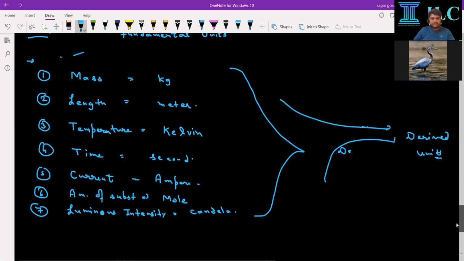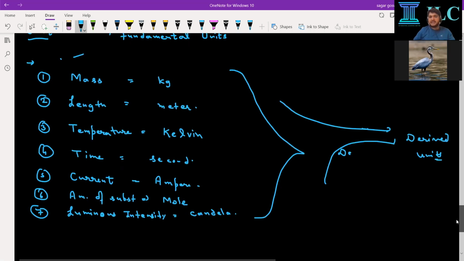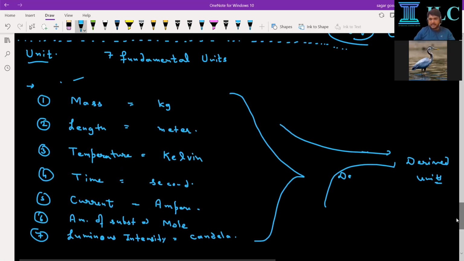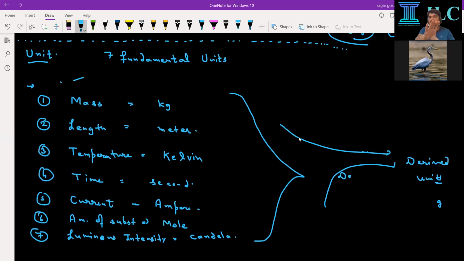Some people are saying, sir, wait a second, what about gravity? Gravity is made up of acceleration, length and time, so gravity is derived. It all comes from the fundamental ones.